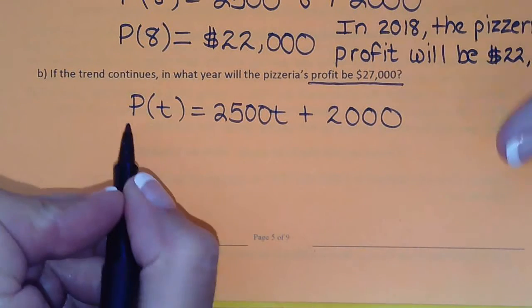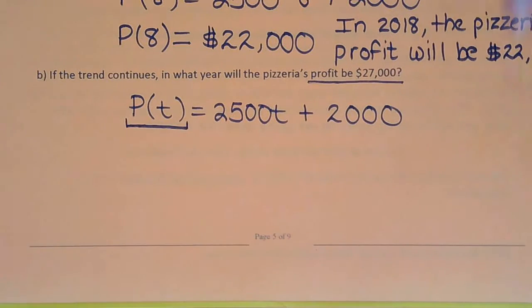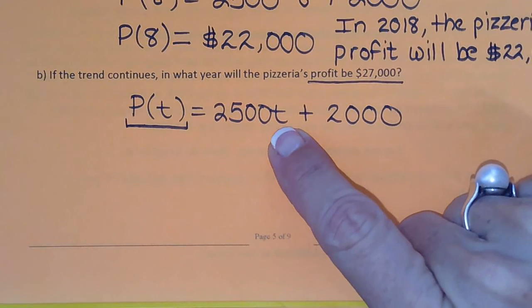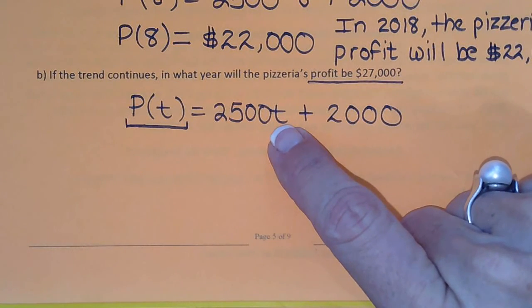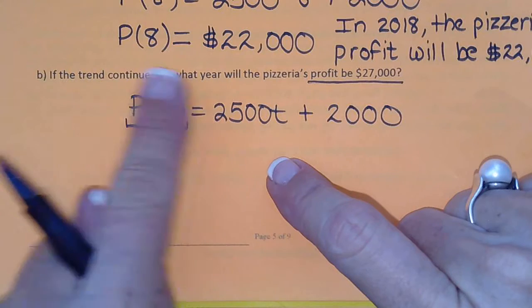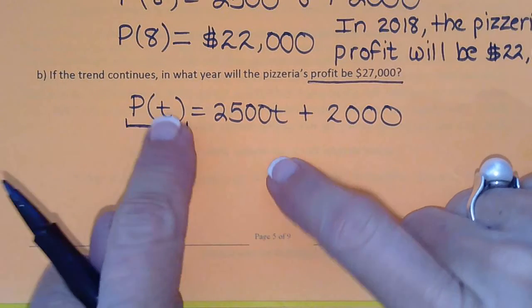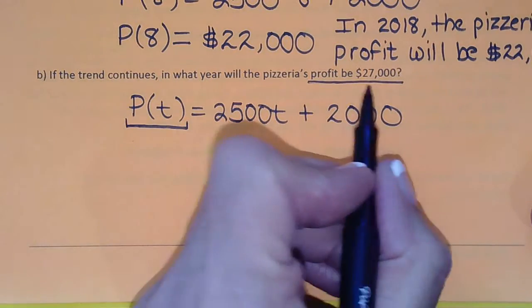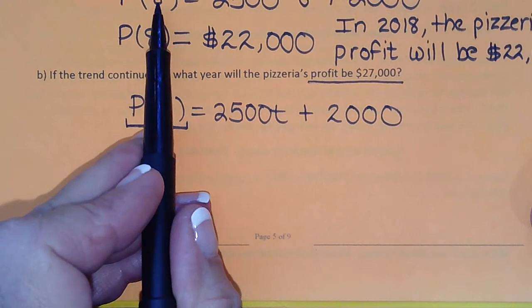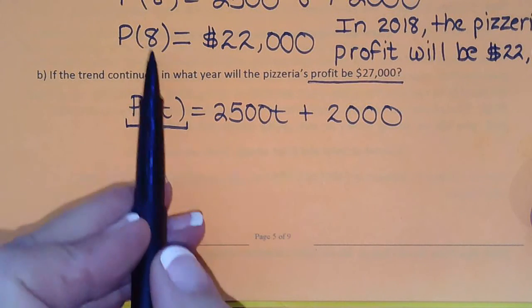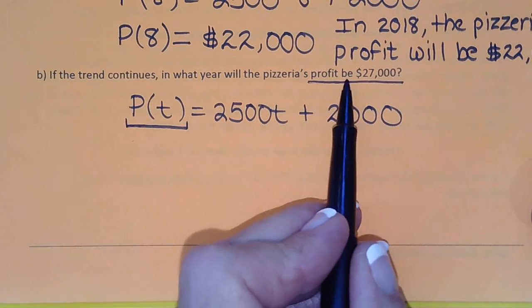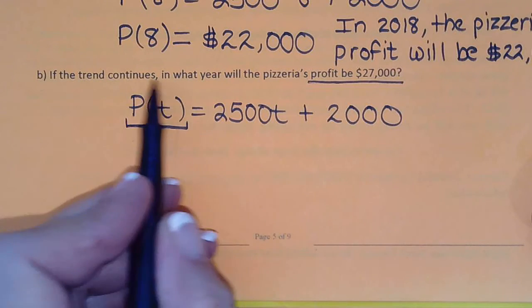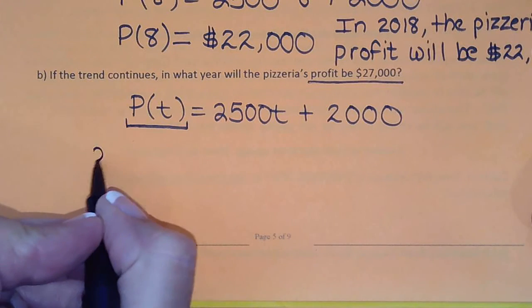So does everybody agree it's got to be P? So I can't put it in for T. That's time. So this whole thing is P. It's just saying the function P with respect to T, but this whole thing is P. So on this one, I'm not going to place it in for T because T is years. I'm going to replace this whole side of the equation, the P, with 27,000.